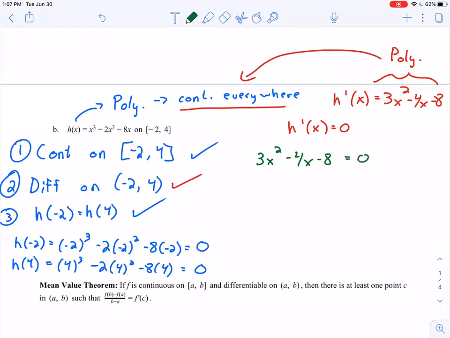As I look at this, 3x squared minus 4x minus 8, there are no common factors here. Let's see, can we factor this? 3 times -8 would give me -24, and I'm just thinking out loud to myself here. Do I have two numbers which multiply to be -24 and add to be -4?